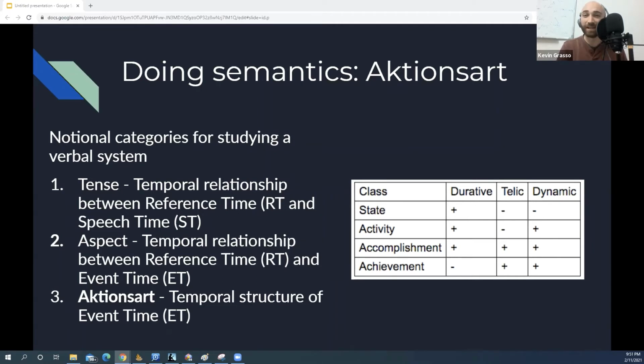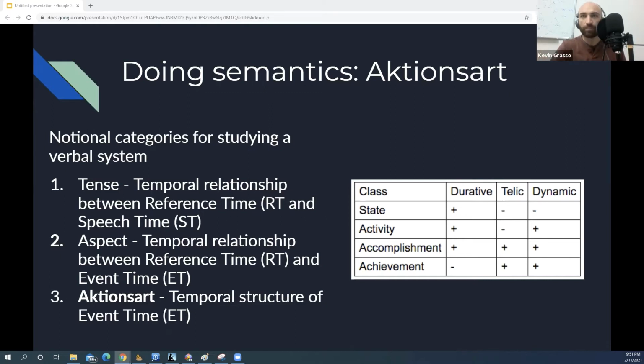And Wikipedia is normally right, and in this case, they are, in the sense that they are reflecting how linguists use that term. I don't want to get into exactly what the nuanced differences are right here. If you have a question about that, we can talk about it at the end.